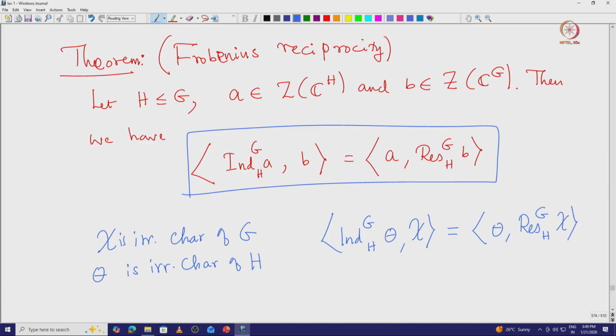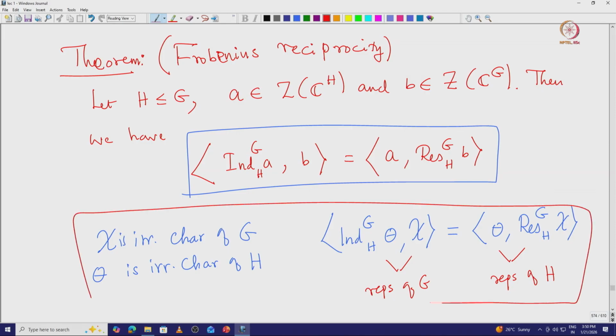Okay. So now note that these two are representations of G and these two are representations of H. So somehow the reciprocity actually connects the induction with restriction via this equation. So this is what it means when it comes to representations, and this statement is immediate from this statement.